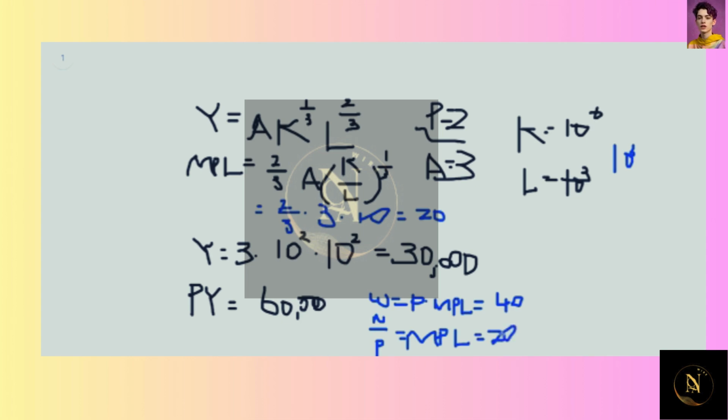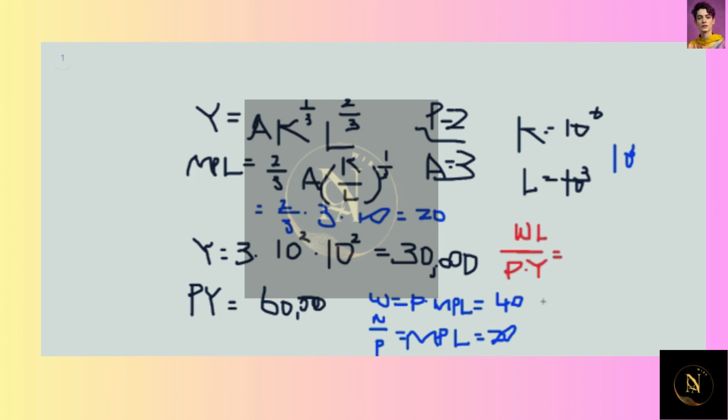All right, question C, calculate the labor share, which by definition is W times L divided by P times Y. So labor share is what proportion of the value of output is paid to labor.